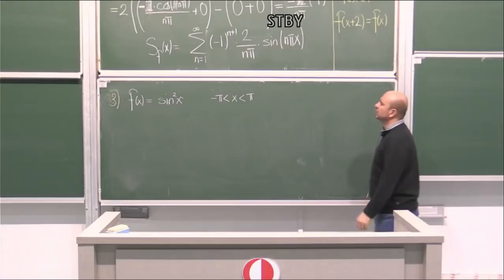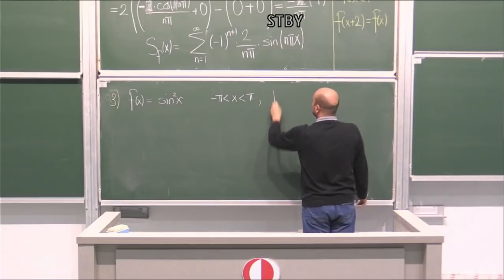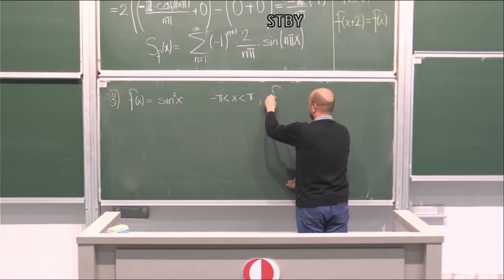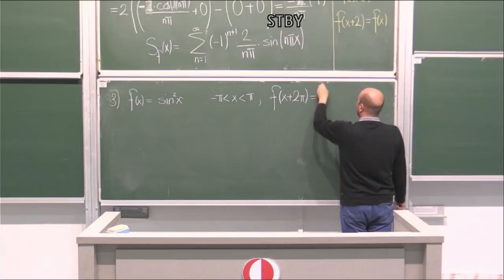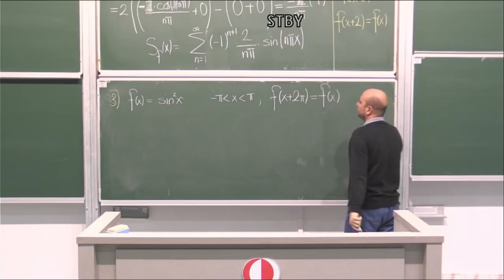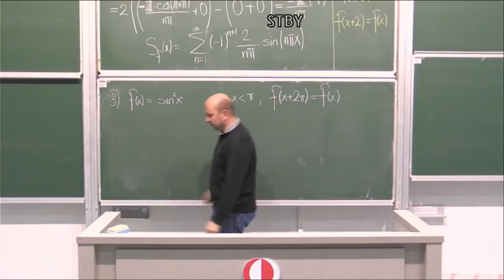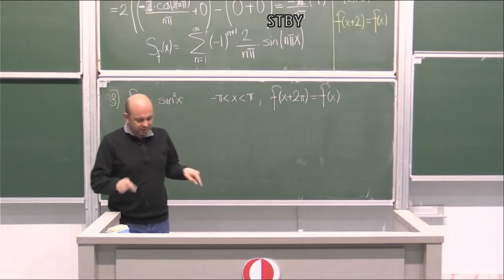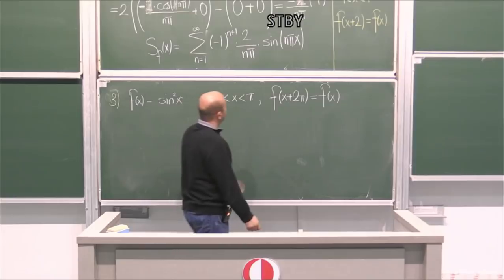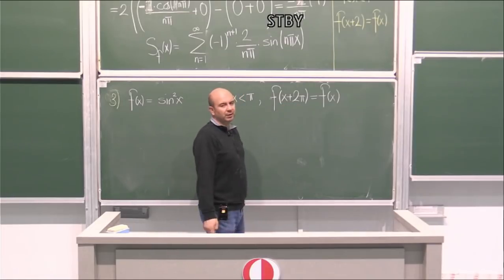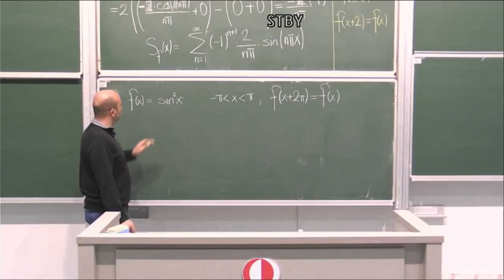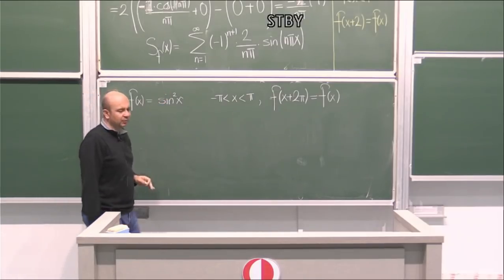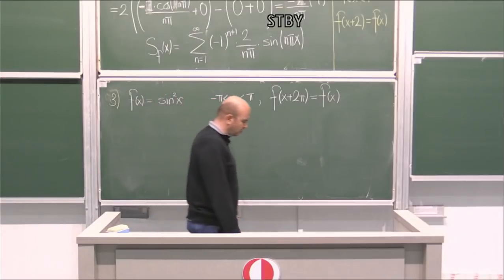Okay, so this function, I got it, this one. So I'm just taking sine square function on the interval from minus pi to pi, and with period 2 pi. How are we going to do this? Actually, you can do by yourself. You can just directly apply the formulas. But there's an intention in this question.